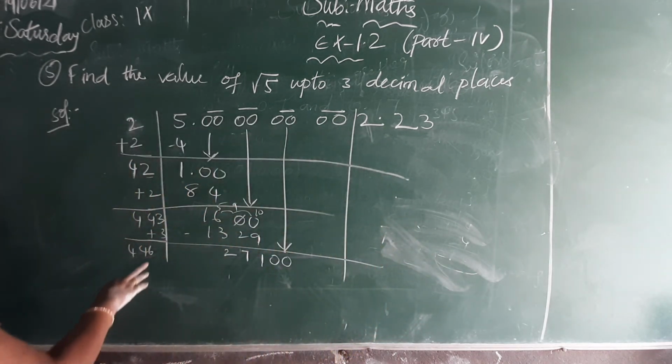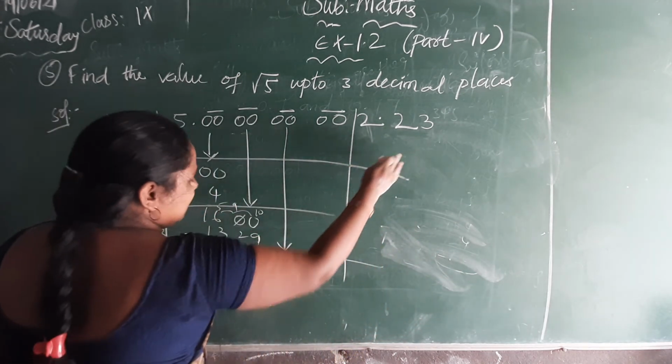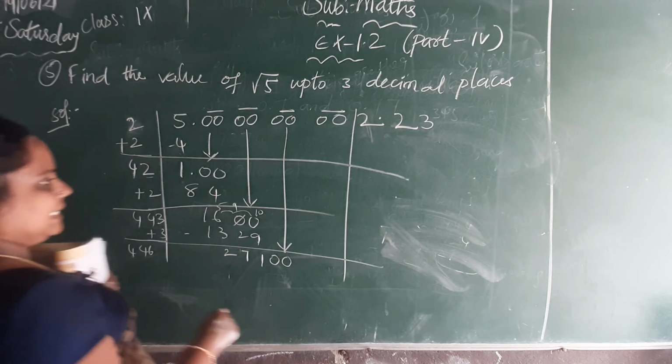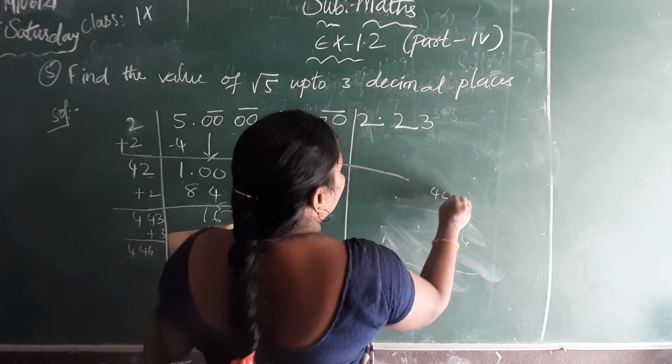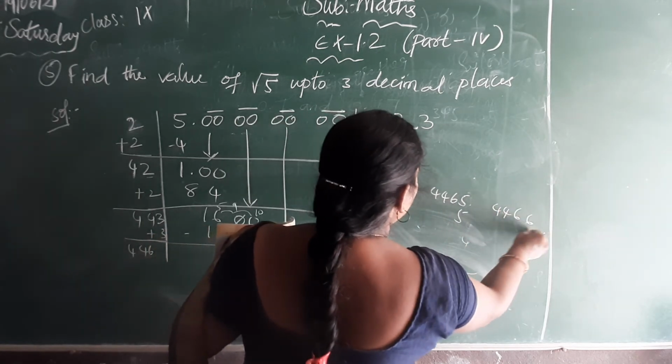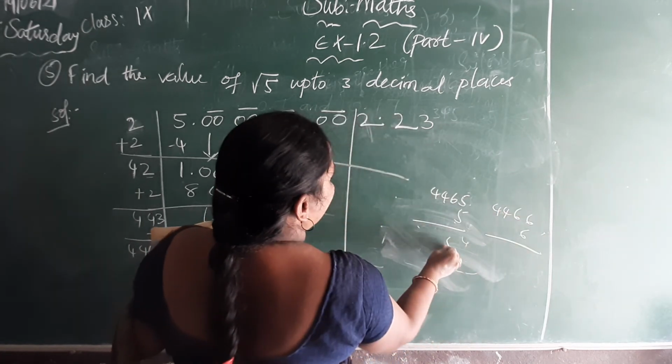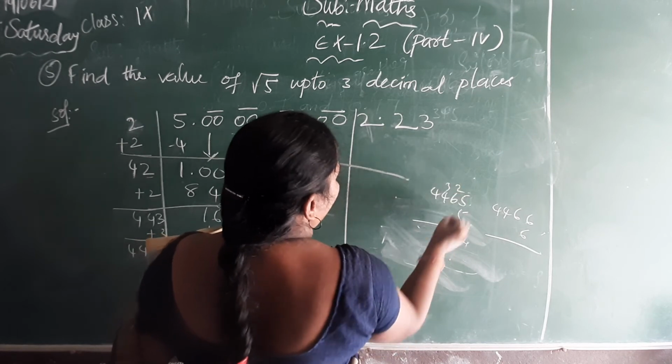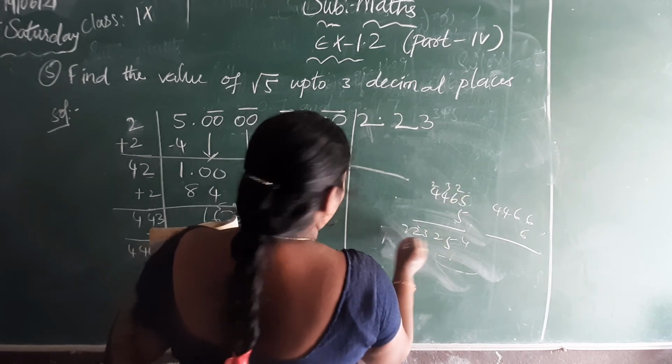So 446, and whatever digit I place here, the same digit goes here also. Check: 5 5s are 25, 30, 32, 20, 23, 22.